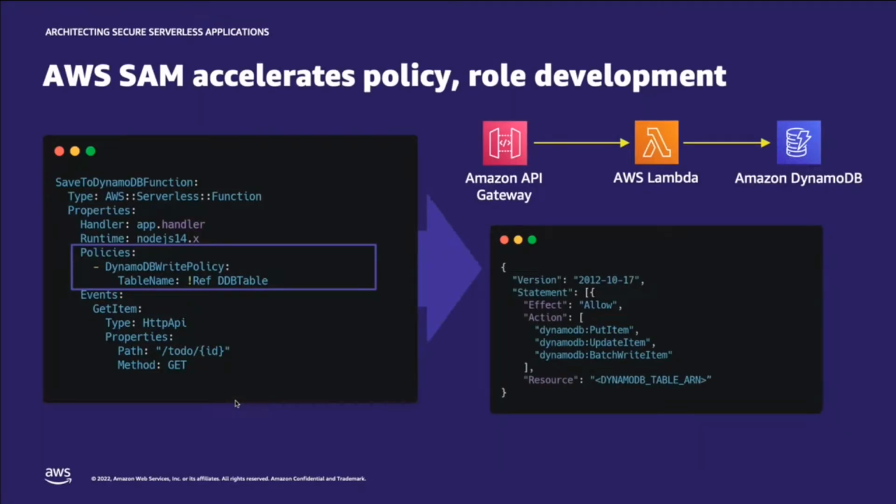Of course, for those of you that are familiar with Lambda, one of the recommendations of AWS is to use the serverless application model. And one thing that is really recommended here is to use the policy templates, right? And what are the policy templates?